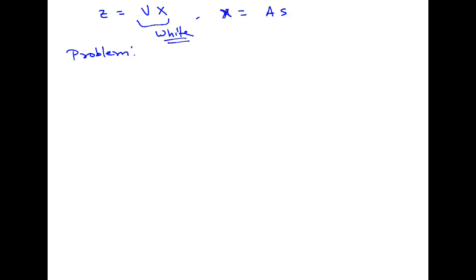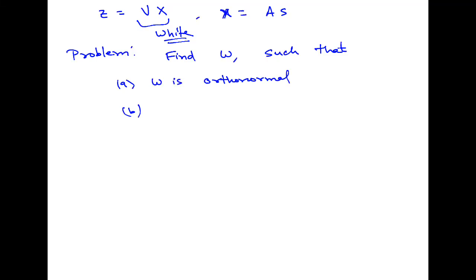Right. So, what do you mean by whitened? Expectation of z z transpose is equal to I. What's my problem now? Find W such that W is orthonormal and secondly W z has maximum non-Gaussianity.